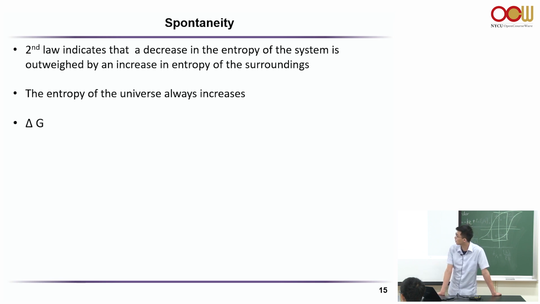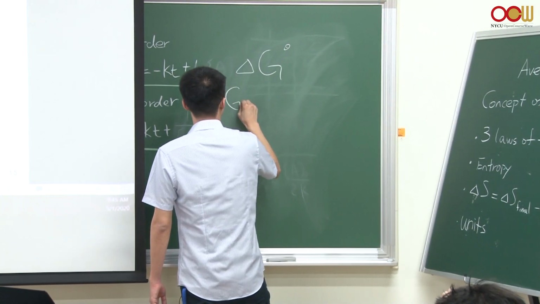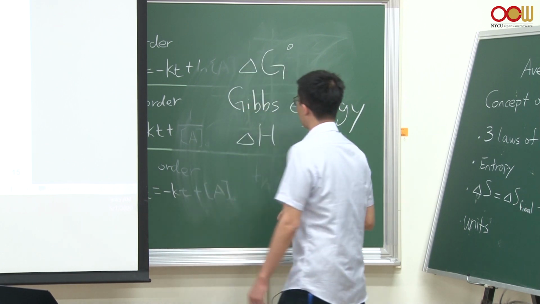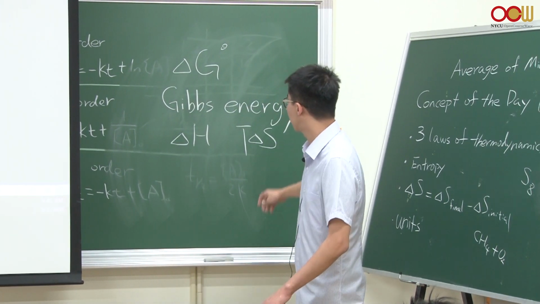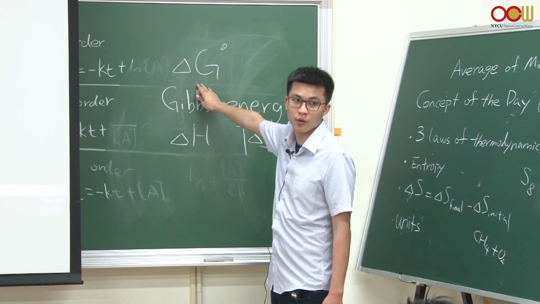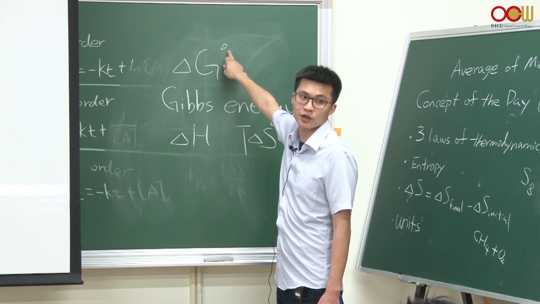So finally, let's talk about delta G. For any reaction, we can calculate its Gibbs free energy. It's stated by this delta G. Okay, when you see a zero up here, a circle up here, that means under standard conditions.